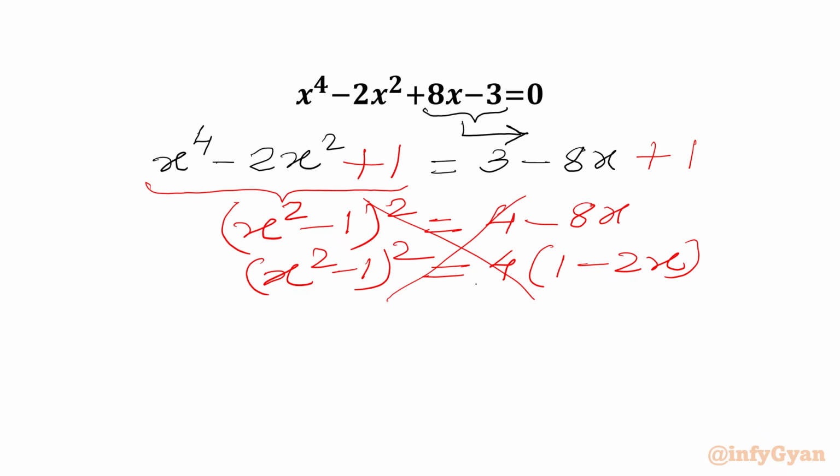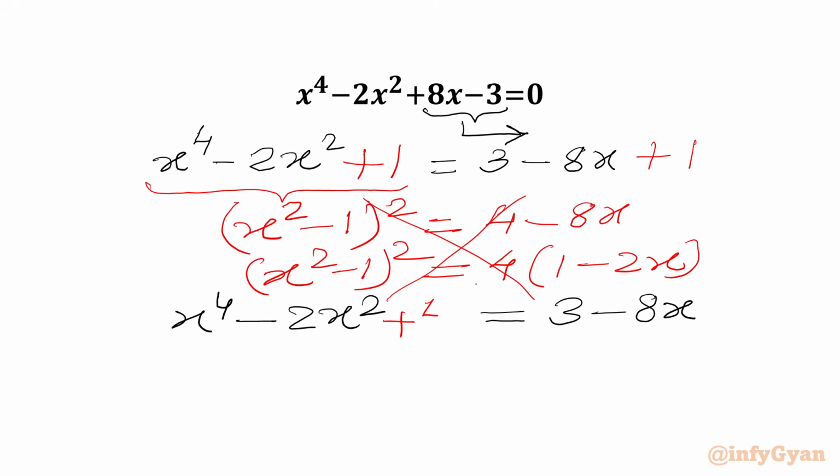Now I will rewrite our equation: x power 4 minus 2x square equal to 3 minus 8x. This time I will be adding 4x square to both sides. So plus 4x square, plus 4x square.